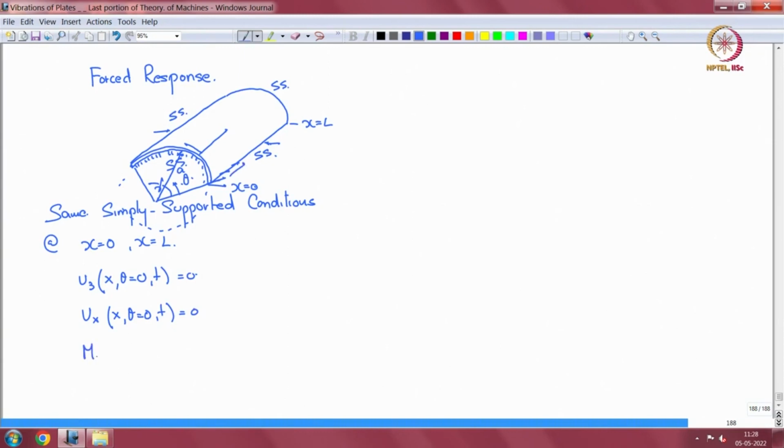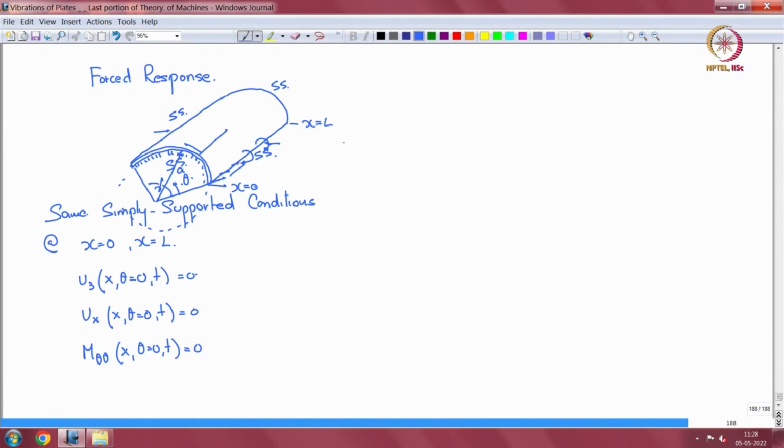Then you have m theta theta at x comma theta equal to 0 comma t equal to 0. So, this moment is 0. It can't support the moment.